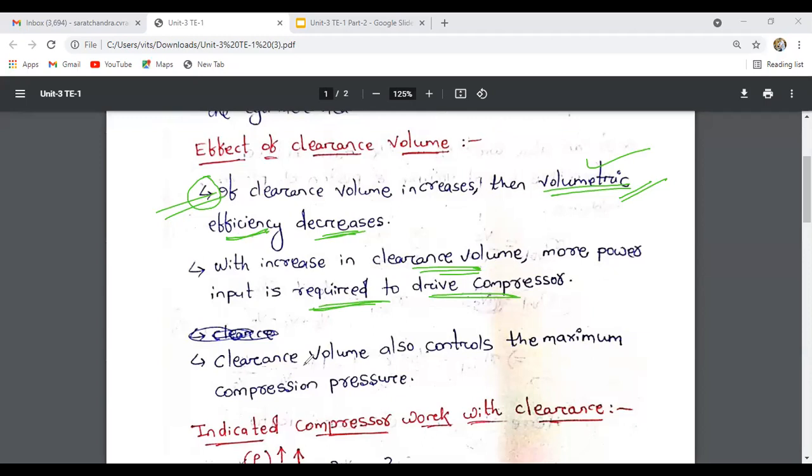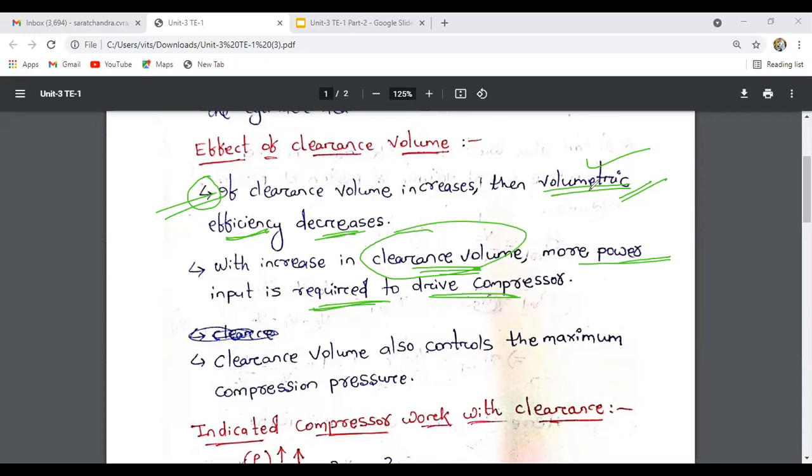So in order to run the compressor, we have to run the motor. That input to the compressor is given by this motor. So if we increase the clearance volume, then more power we have to supply through the motor.